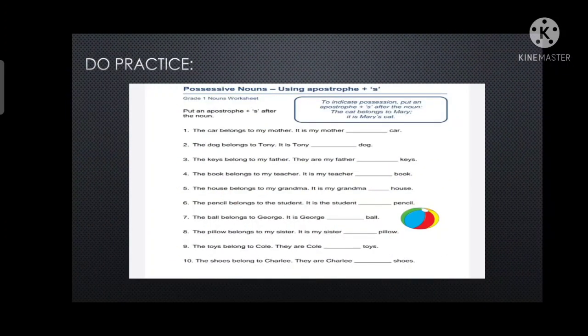Now here, students, I have finished possessive noun and possessive pronoun. I hope you understood it well. Now some exercises are given on possessive noun and possessive pronoun.